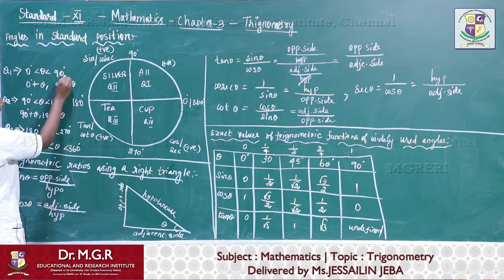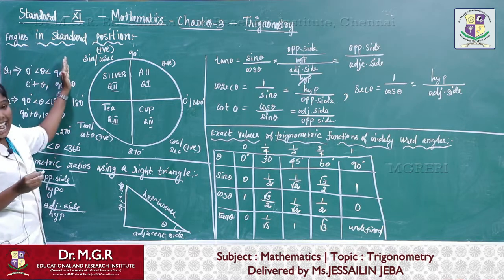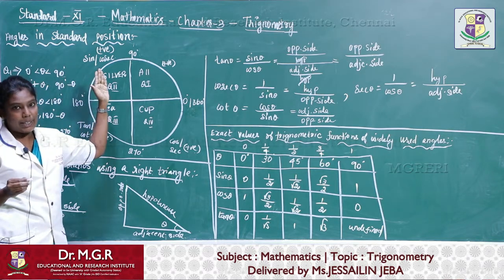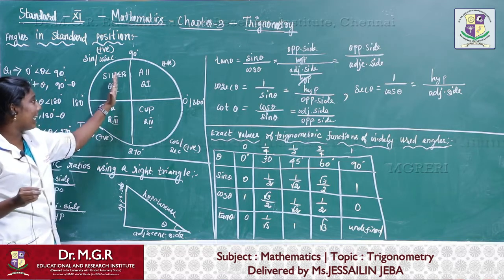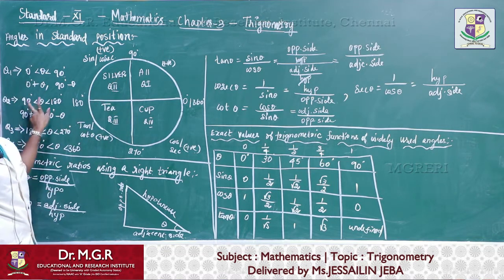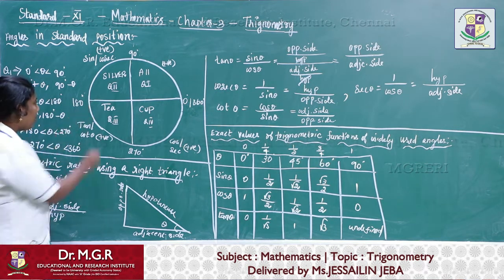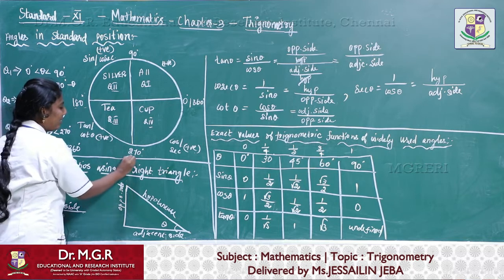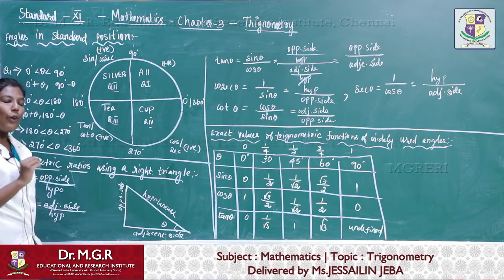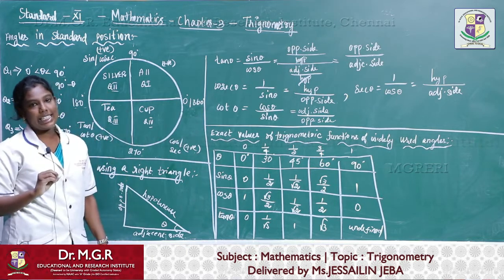The second quadrant is 90 to 180, the third quadrant starts from 180 and ends with 270, and the fourth quadrant starts from 270 and ends with 360 degree.